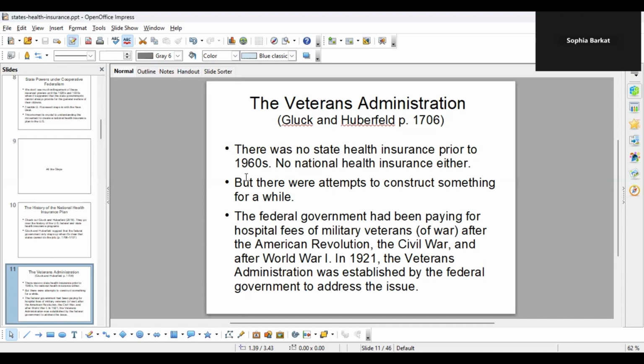So finally, after World War One, and the Civil War was just 50 or 60 years behind, we see that the US government at the federal level is realizing there really should be an agency that deals with veterans' welfare issues, especially those who are affected by war.